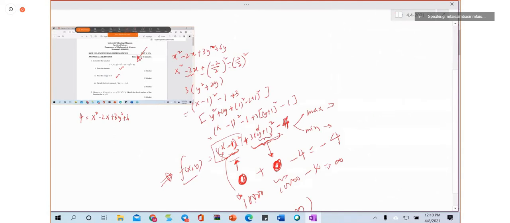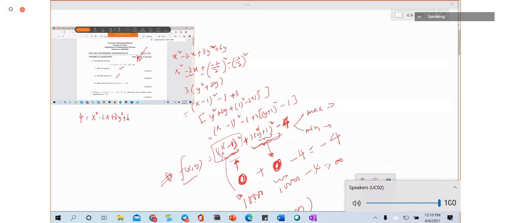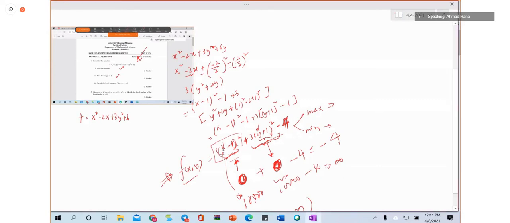Yes, anything? There is one confusion I want to ask. Like now you mentioned, for the range, we have to consider the whole term or just the value of x and y? For the range, actually, you have to see the whole term. I start here because there is a variable here. This 4 and 3 is just a number, right?